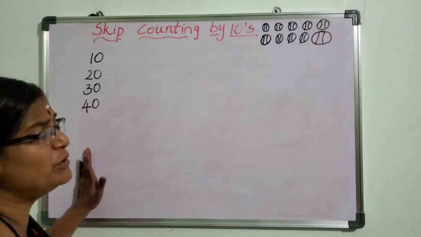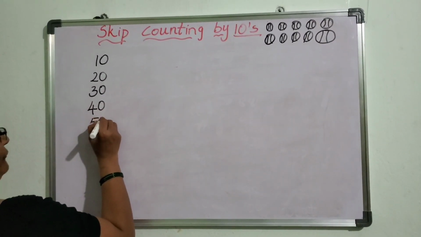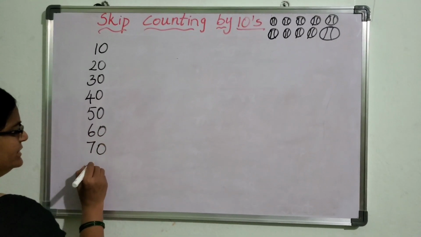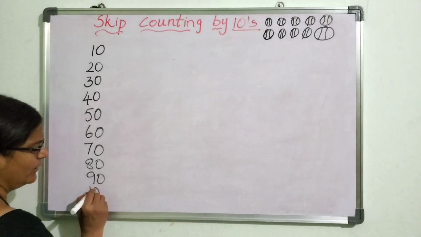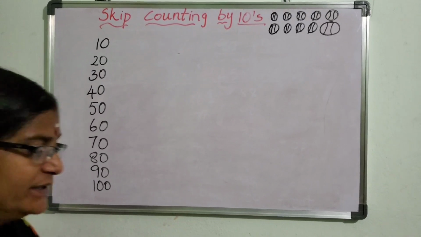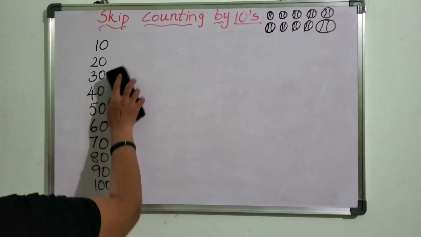Got it? Like that up to 100 you should write. 50, 60, 70, 80, 90 and 100. Got it? Now with this also I will tell you some examples.